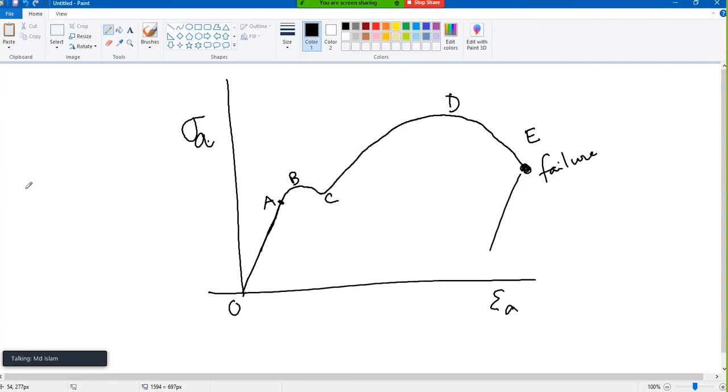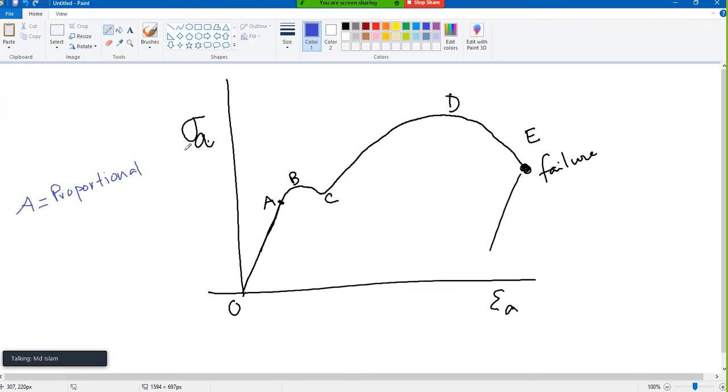So the point A, see this A, you can see it is linear. We call this A the proportional limit. What is proportional?